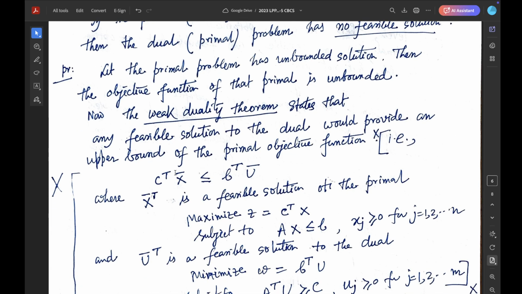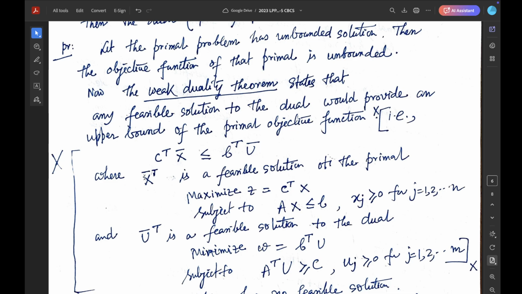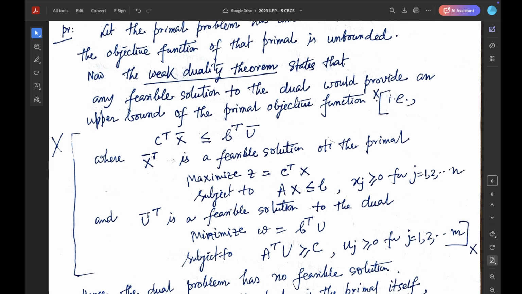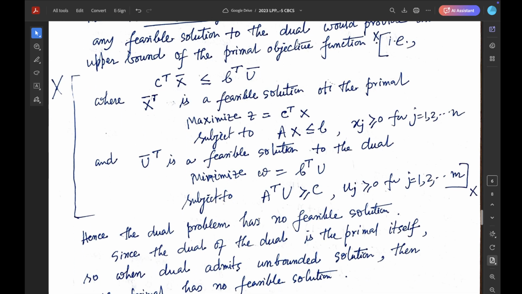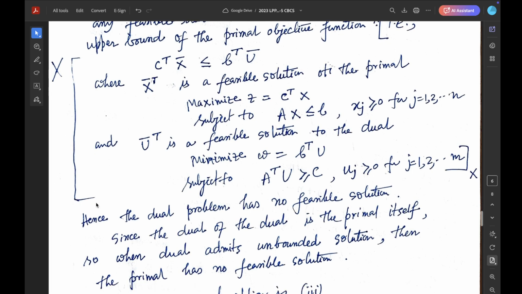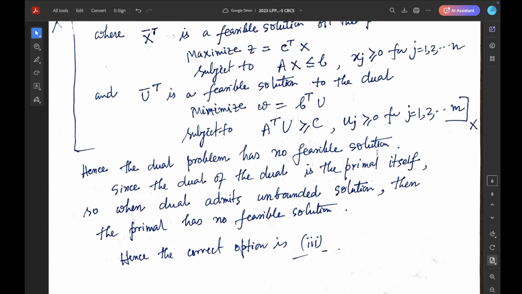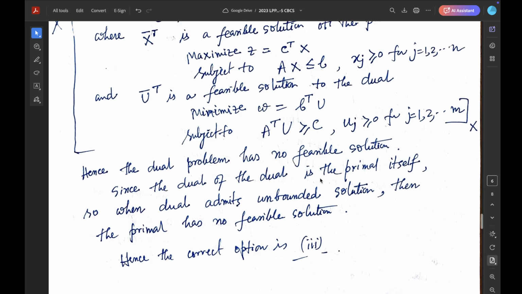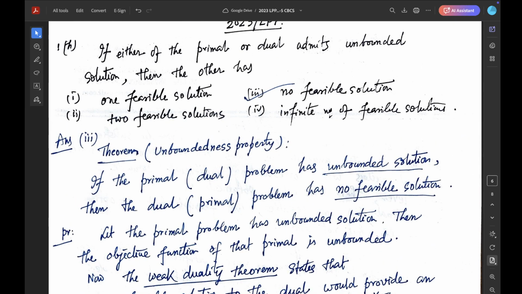Actually, the theorem states that C transpose x bar is less than or equal to B transpose u bar, where x bar is the feasible solution of the primal and u bar is the feasible solution of the dual. Hence, the dual problem has no feasible solution. Since the dual of the dual is the primal itself, when the dual admits an unbounded solution, then the corresponding primal has no feasible solution. So correct option is 3, no feasible solution.